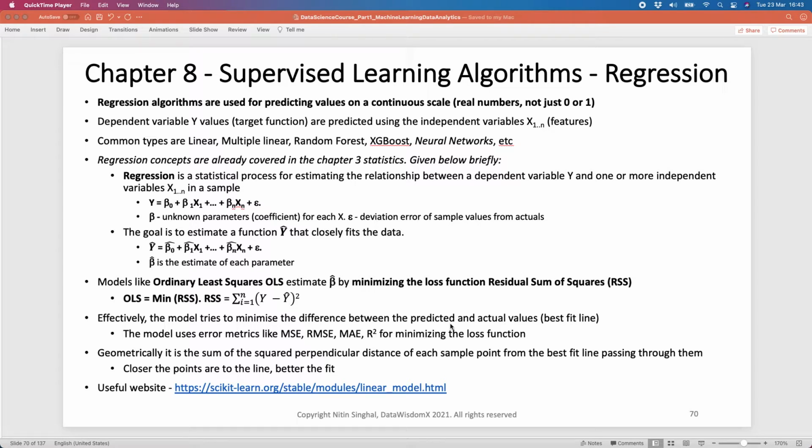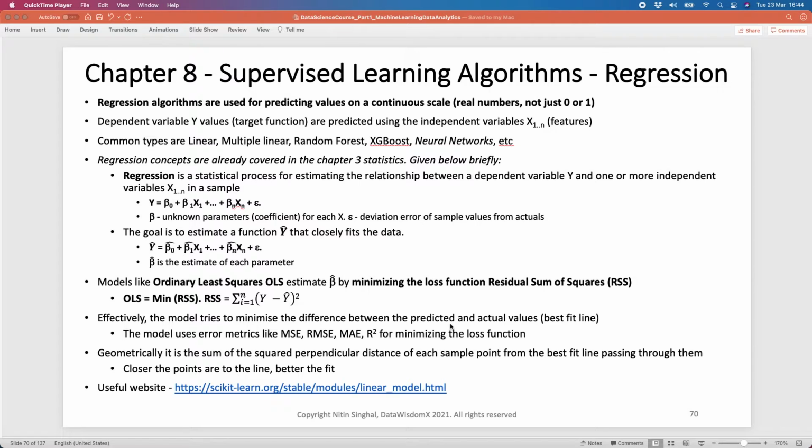After multiple iterations, you get the best optimized parameter set, which would then give you a minimized RSS. Now, the error terms, or the metrics used to measure the accuracy of the model, which is the difference between the predicted and the actual values, will also be discussed later in this lecture.